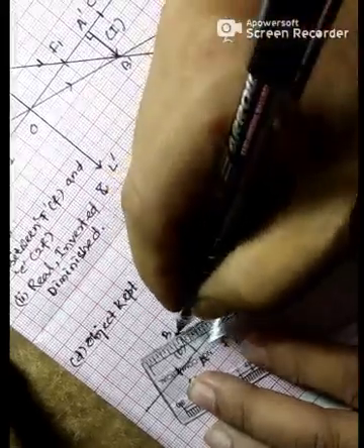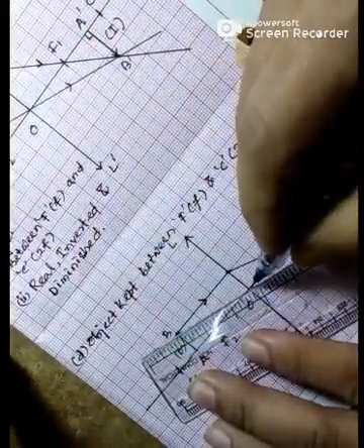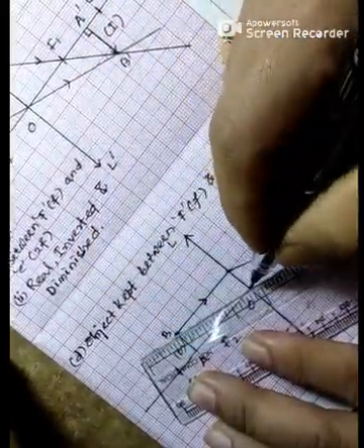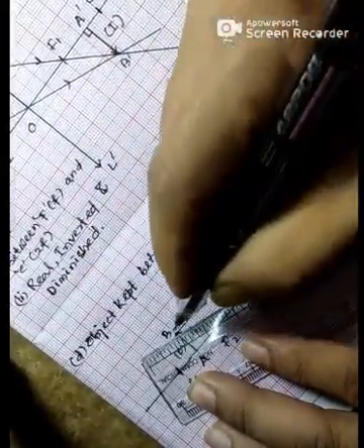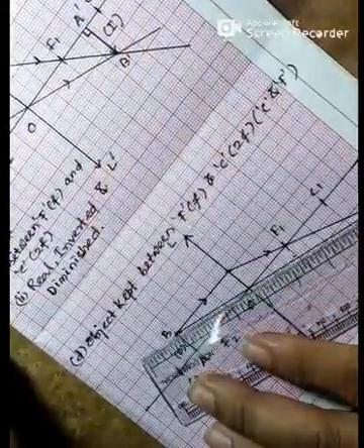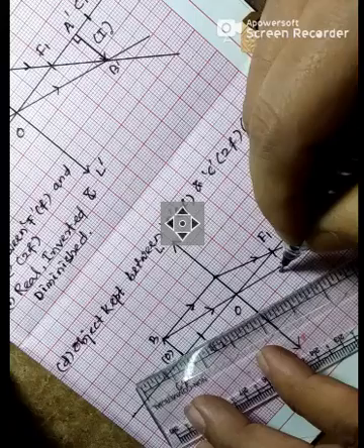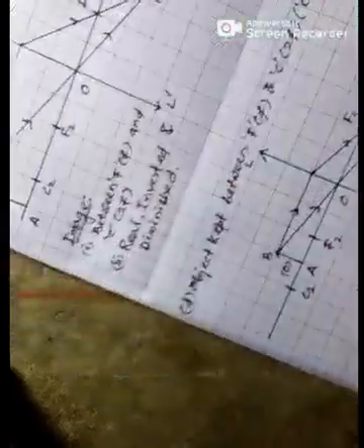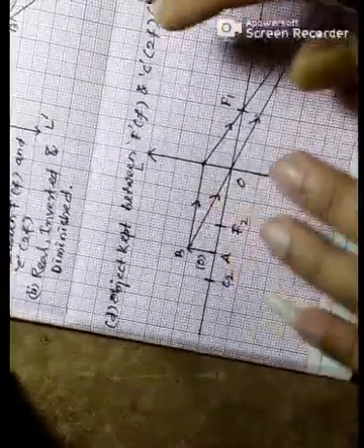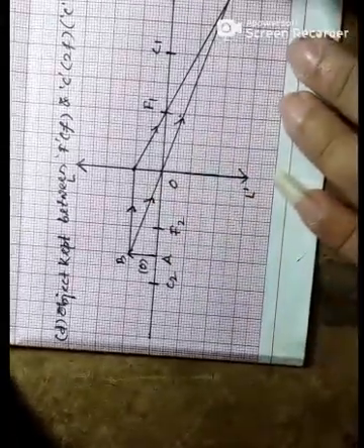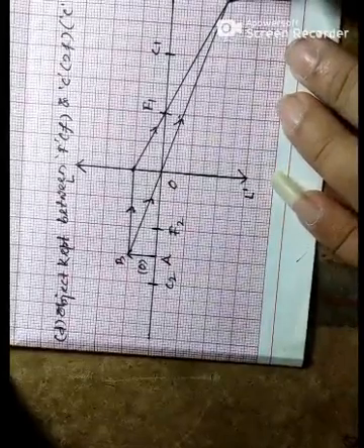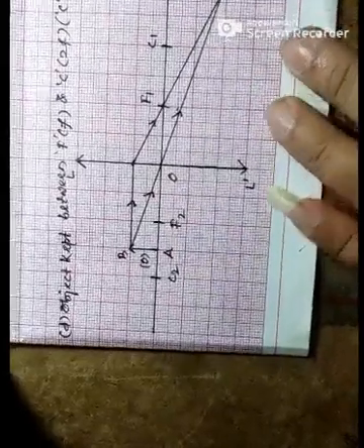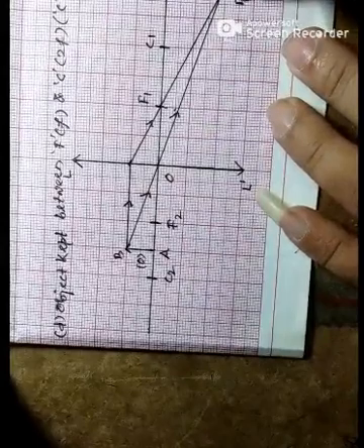So this is the optic center, and this is our refracted ray. Okay, so where is it intersecting now? You observe here, it is intersecting at this point. So this point you have to mark as B dash point.